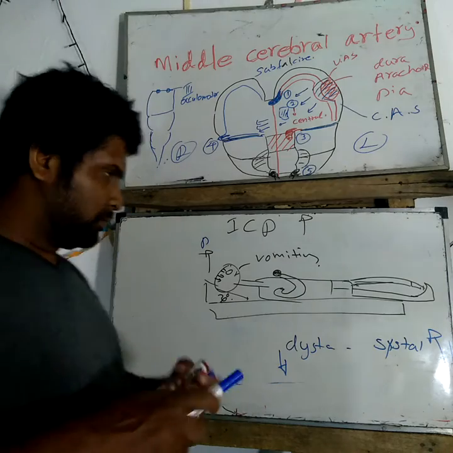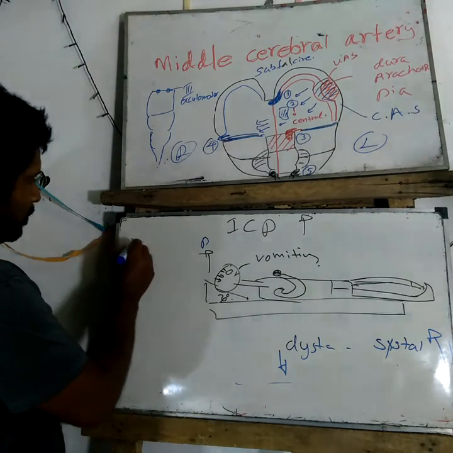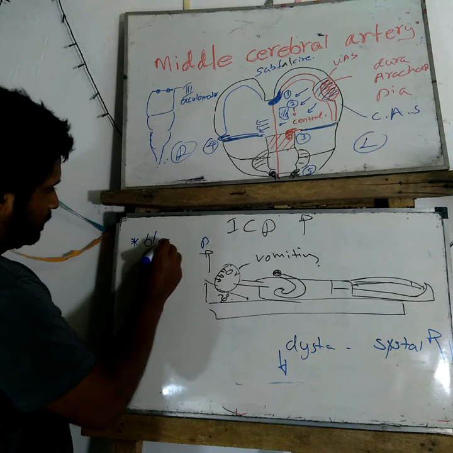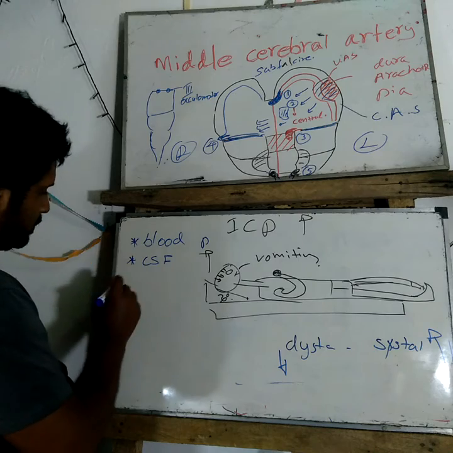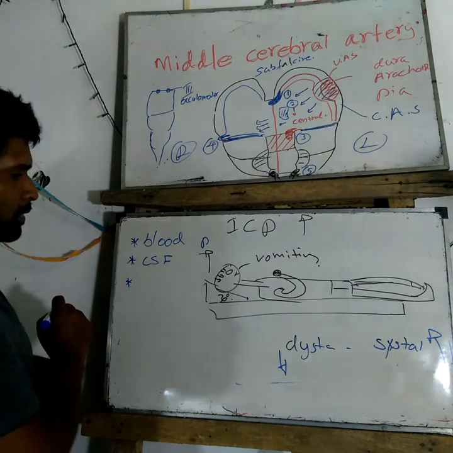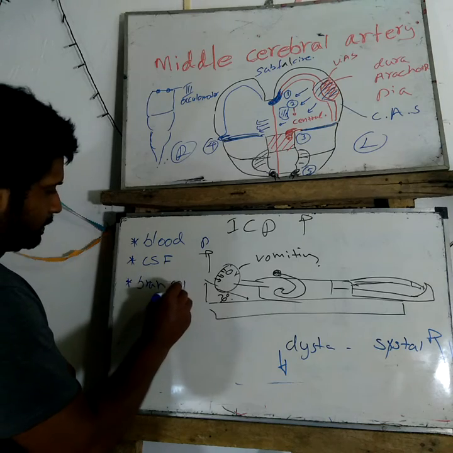So mainly we divide these things: the blood, then the CSF fluid, and the brain cells.